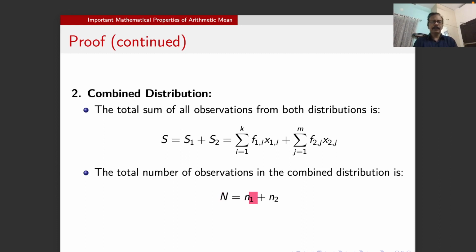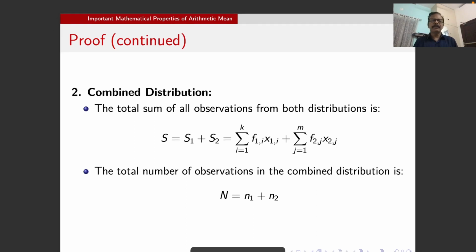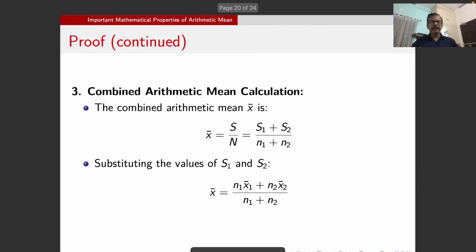So total n observations. Now the arithmetic mean of the combined data, all the observations, is nothing but S by n, in the sense S1 plus S2 by n1 plus n2. That is our x bar. What is S1?